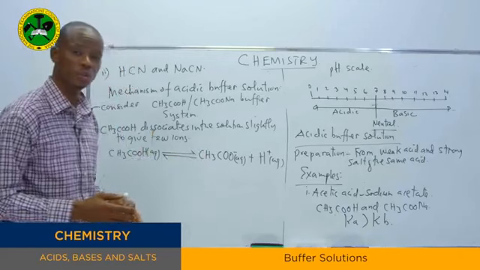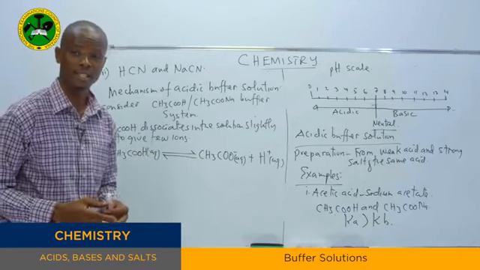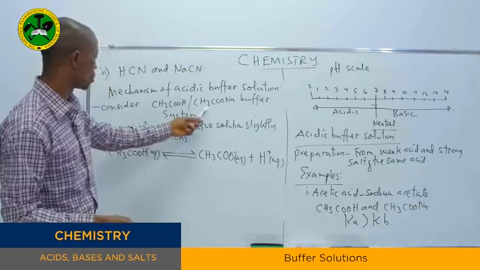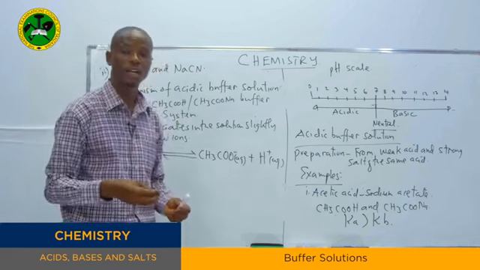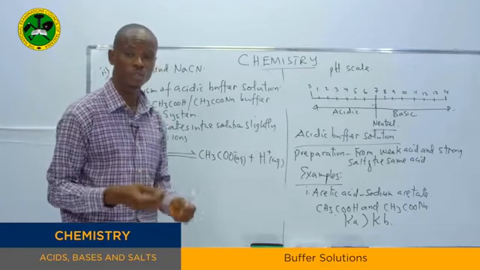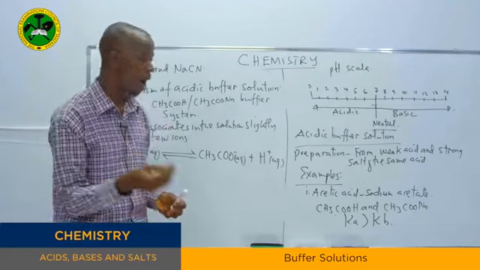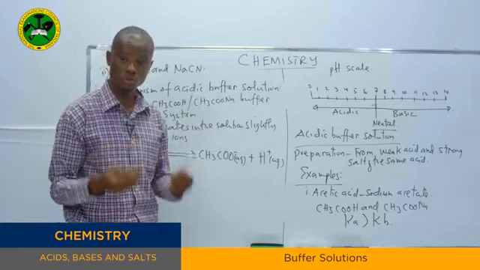Now after this partial dissociation of the acetic acid, the strong salt, sodium acetate, will also dissociate in the solution. But the dissociation of this salt is complete. Why? Because this is the strong salt.